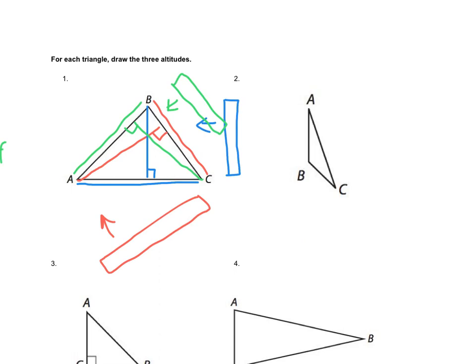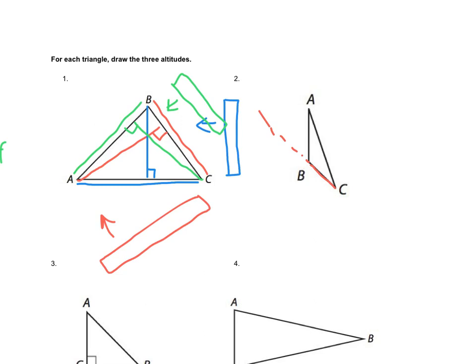I'll give you a quick hint here as we start number 2. If I were to color code those sides again, let's go with from point A to BC as red. Notice this is an obtuse triangle, so I'm going to give you a hint right now. You're going to want to extend that side past point B. Sorry, that's not very good as far as the straightness of that line.